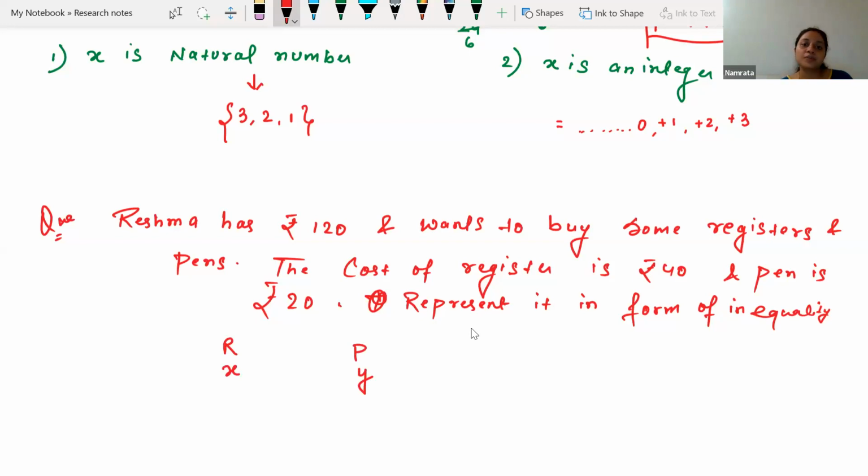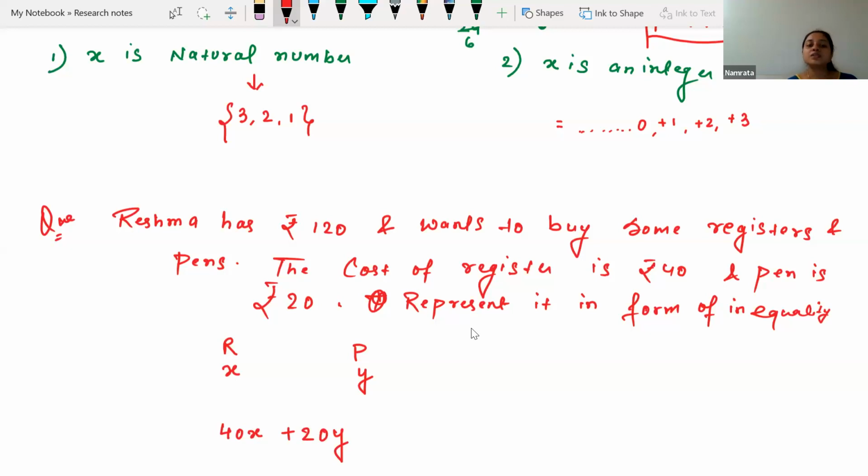Yes or no? Yes, ma'am. The cost of a register is 40 rupees. So if she has bought X registers, the total cost will be 40X, right? Yes, ma'am. And the cost of a pen is 20 rupees. So if she has bought Y pens, then it will be plus 20Y. Yes or no? Yes, ma'am.